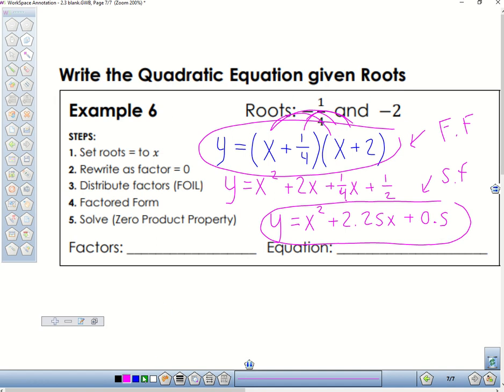Now, what these roots mean and how these roots translate to factors is basically what they're looking at. They want you to rewrite it as, I think, an ordered pair. So the ordered pair of those roots would be negative 1/4, 0 and negative 2, 0.